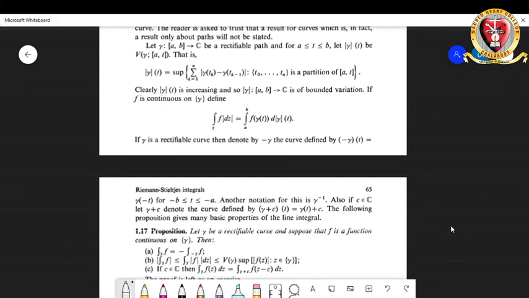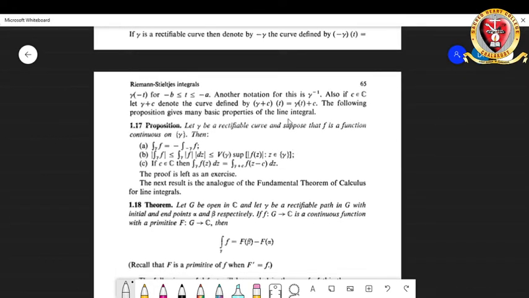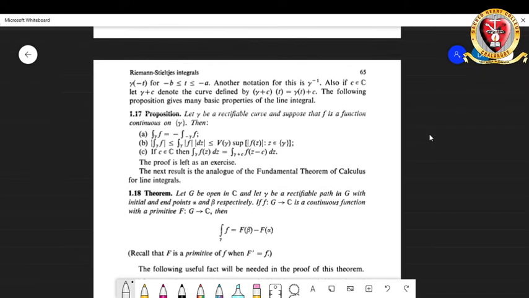So those are some basic definitions, and you can prove some basic results of the line integral which we defined. The integral over gamma of f is equal to minus the integral over minus gamma of f. The modulus of the integral over gamma of f is less than or equal to the integral over gamma of modulus of f modulus of dz, which is less than or equal to V of gamma times the supremum of the set of all modulus of f of z, where z is varying in the trace of gamma.